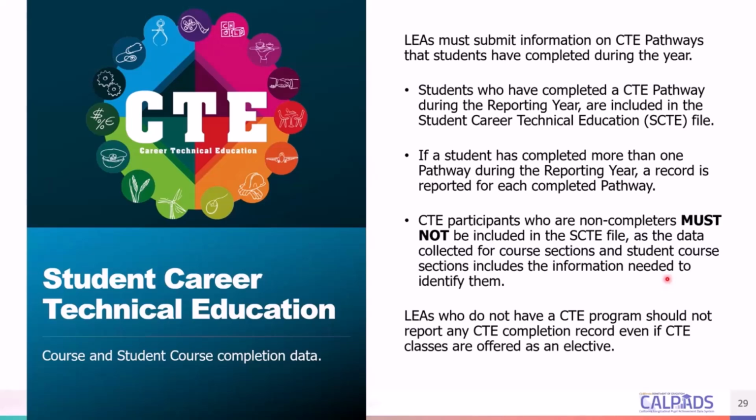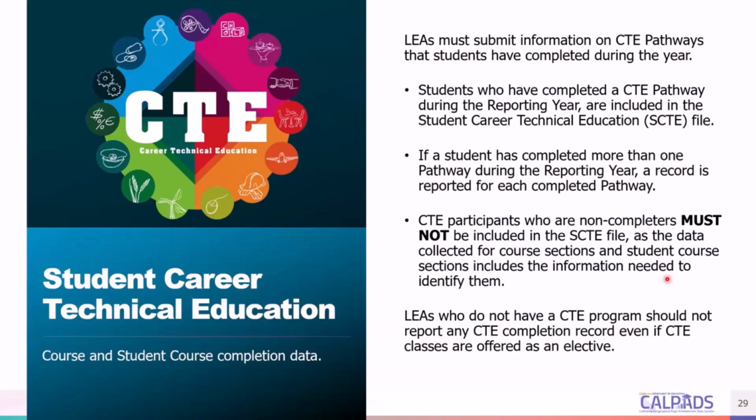If a student follows the correct sequence of classes, then aside from the SCTE record, claiming that the student is a completer for a specific pathway, the student should also have the SCSC record, as Nate mentioned earlier, associated with the capstone course, reflecting that the student completed that specific pathway program in the current year.